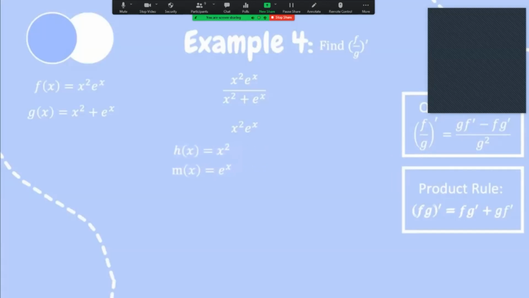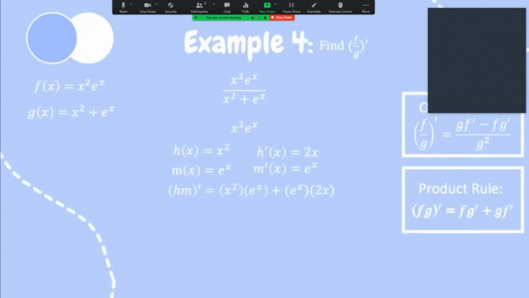Okay, now you have to find the derivative. The derivative of x squared is just 2x. This is just e to the x. Now we can substitute this into the product rule.